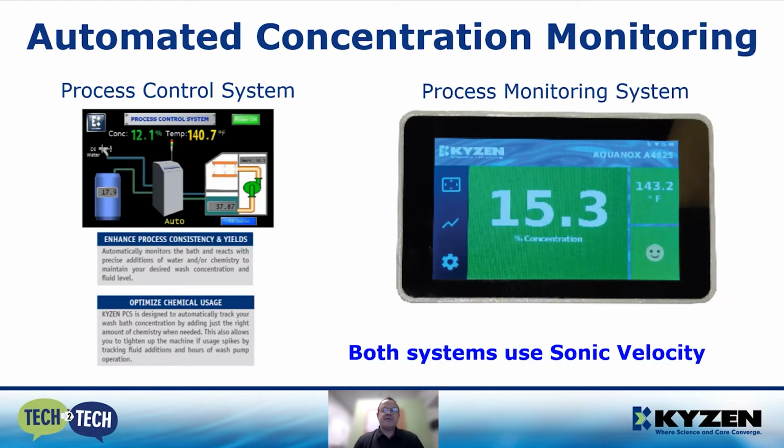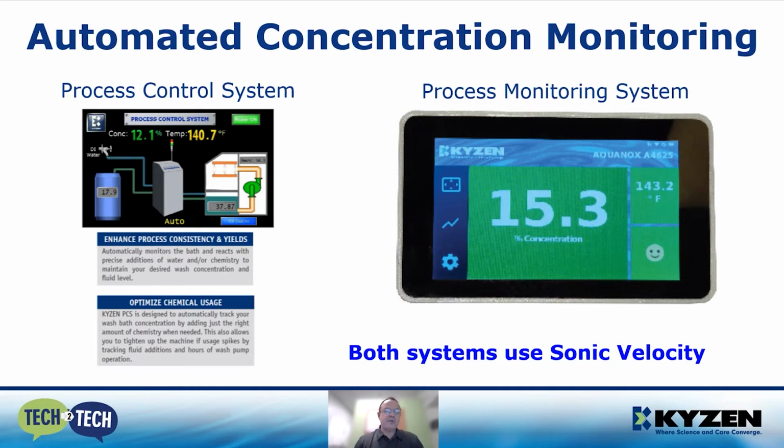So for automated concentration monitoring, we have a couple of options. One, a process control system, which not only monitors but also has control capabilities. It could add chemistry or water. It also has a lot of functionality in terms of statistical use and data storage, which can be used for traceability purposes.